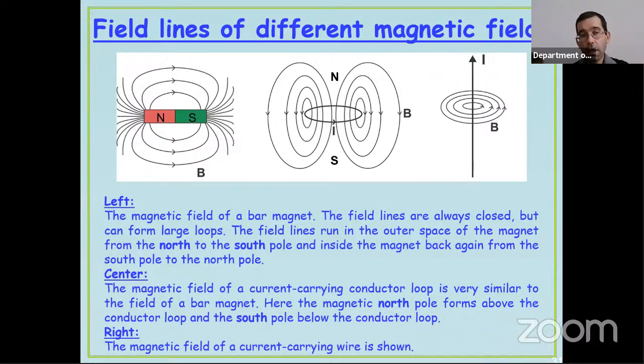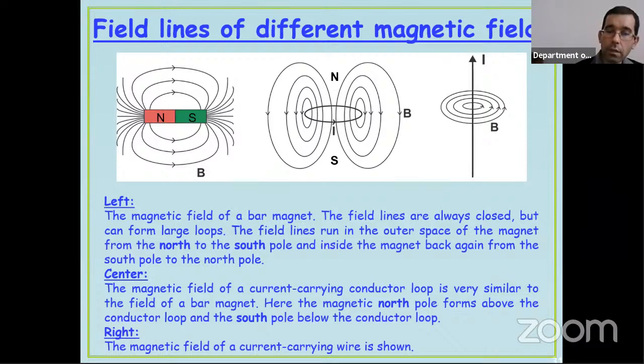In case of a current carrying conductor loop, the magnetic field is concentric, so that the center is in the line of the current carrying loop. So it's a kind of donut-shaped magnetic field in 3 dimensions.